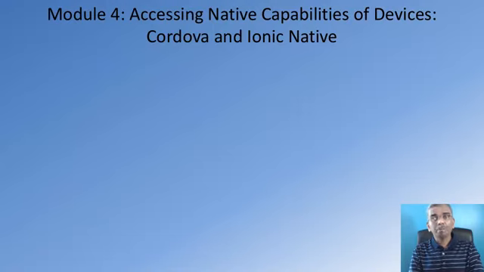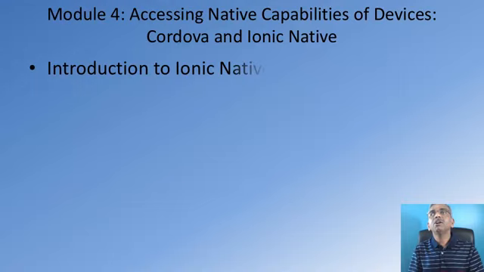These native features are packaged into Cordova plugins that are then surrounded or wrapped in Ionic native plugins, and that enables us to make use of them within our Ionic application using a promise or an observable based interface that makes it easy for us to leverage these native features within our Ionic application. So we'll look at how the Ionic native enables us to leverage the native features of our mobile devices.